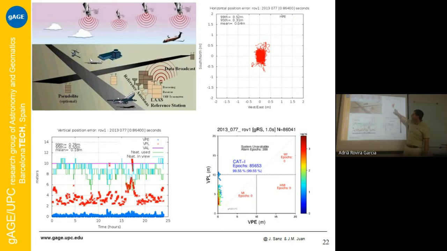We can see very good accuracy, at the level of 30 centimeters. And you can see the vertical accuracy in blue here. We can see a 95% error of half a meter. And so also we have very good accuracy.